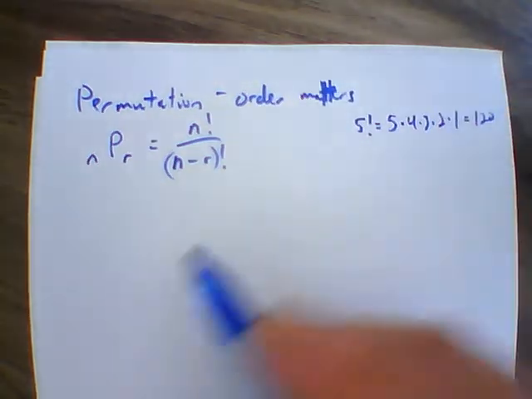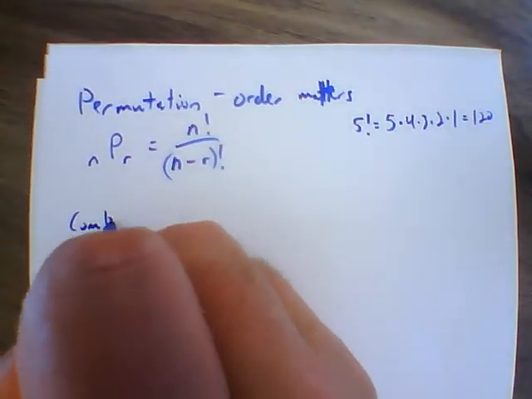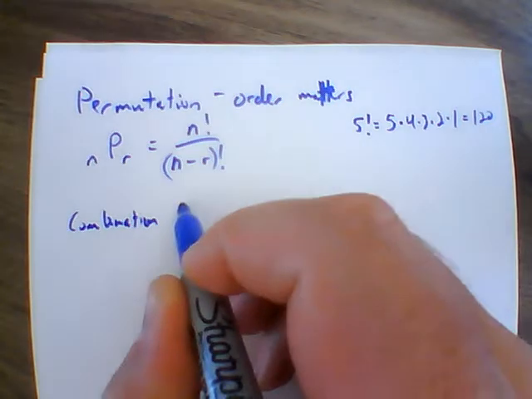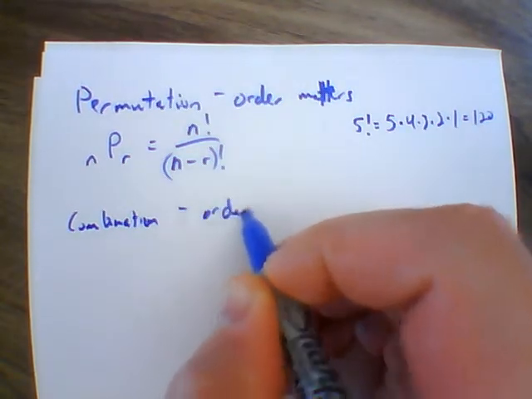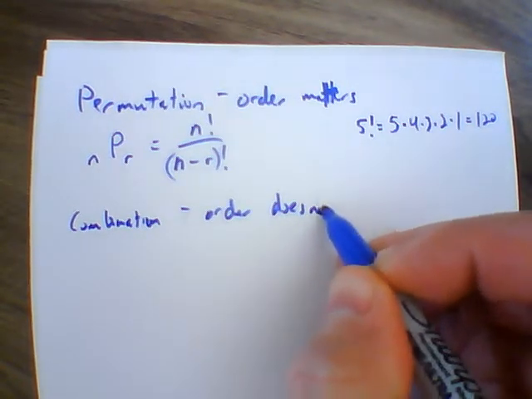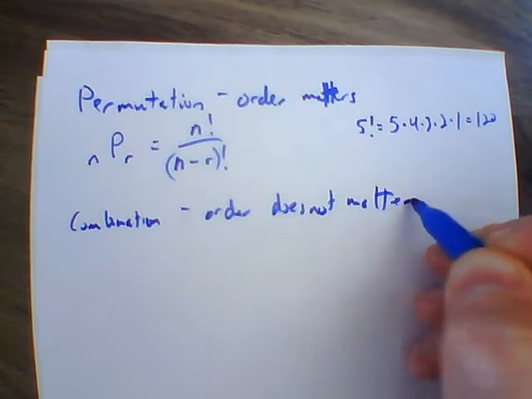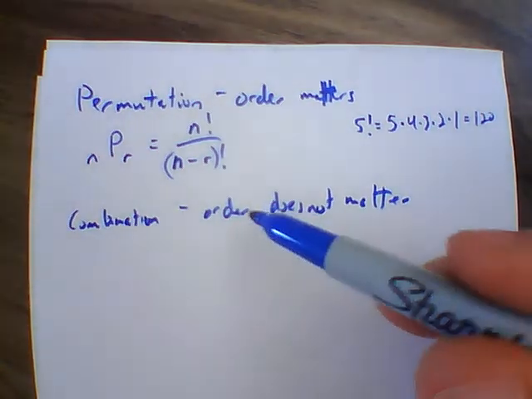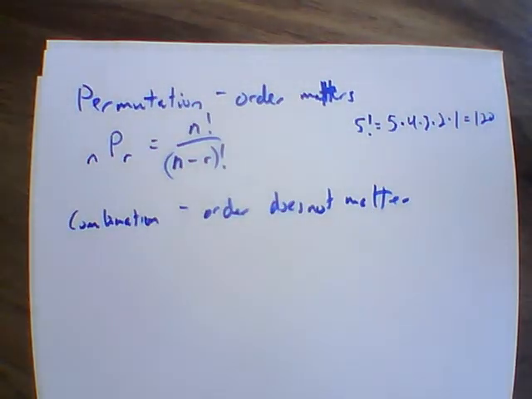Once again, in a permutation order matters. In a combination, order does not matter. For instance, if you were being selected to the varsity team in basketball, it doesn't matter if you're the first person selected or the 15th person selected, you're still on that varsity team.